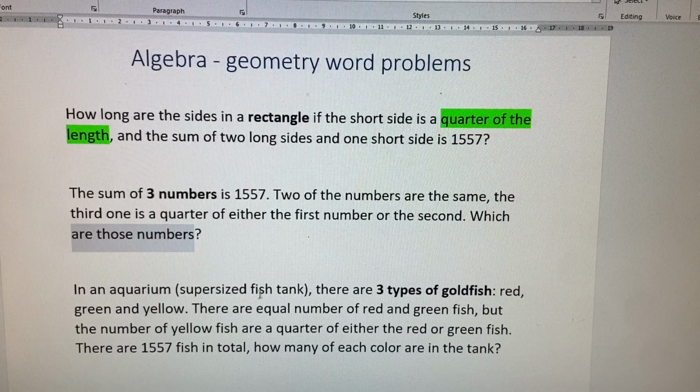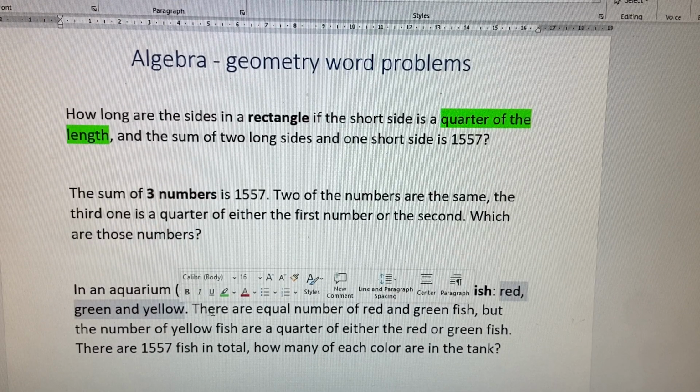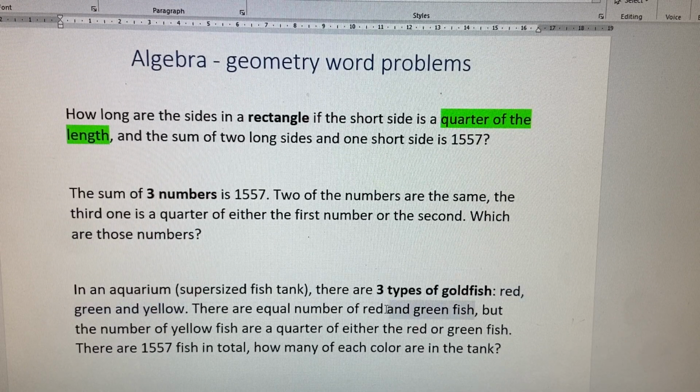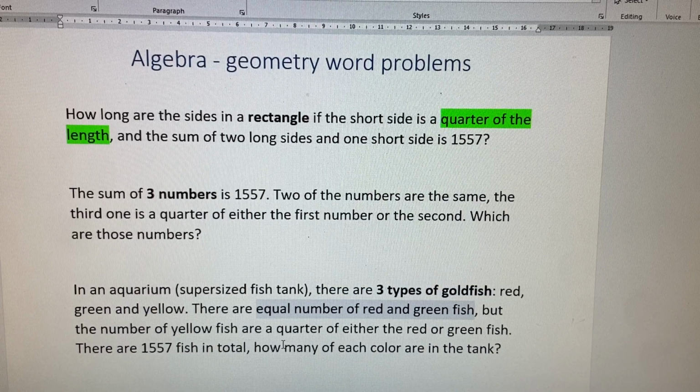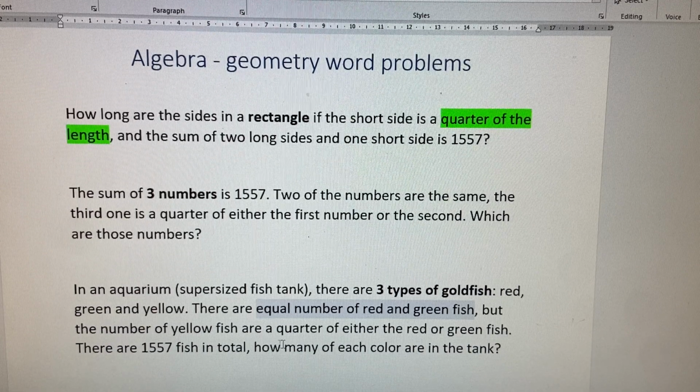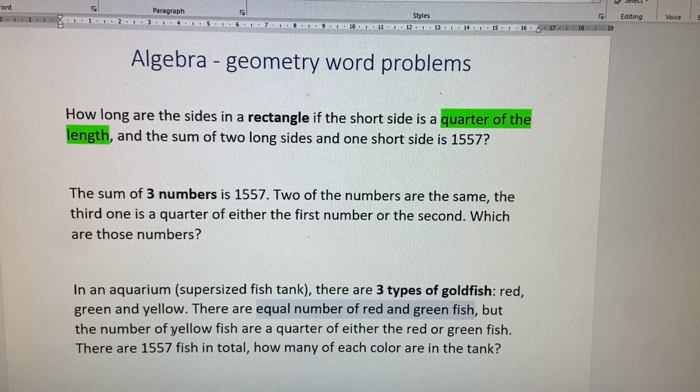And the last one about goldfish, marbles, or books in a library: there are three colors there, and two of the colors, say red and green, are equal in number, just like on a rectangle. The two sides are equal in length. The two long sides, and the short one, or here the third one, the yellow fish, are different.